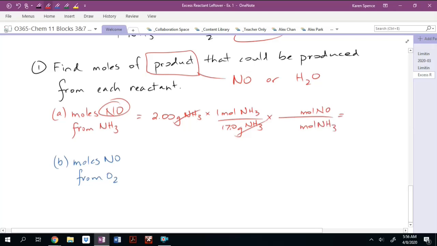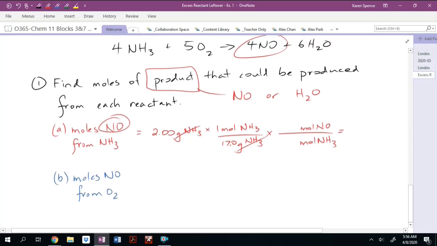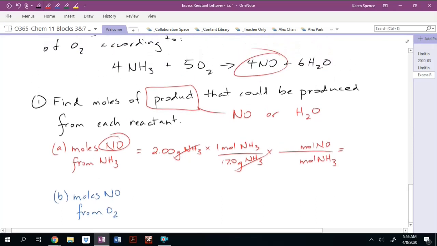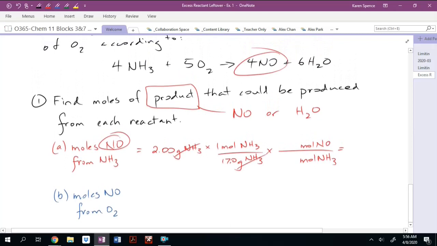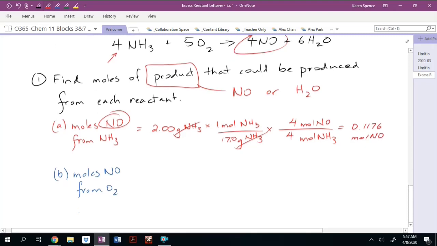Those numbers in the mole ratio come from the coefficients of the balanced equation. We have a 4 for our NO and a 4 for our NH3, a nice ratio. So 2 divided by 17 times essentially 1 is 0.1176 moles of NO. That's how much could be formed from the NH3.